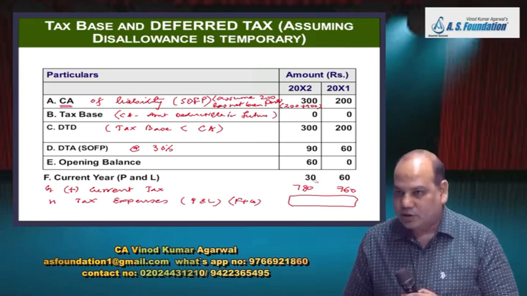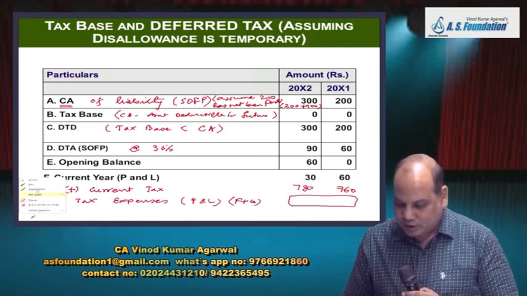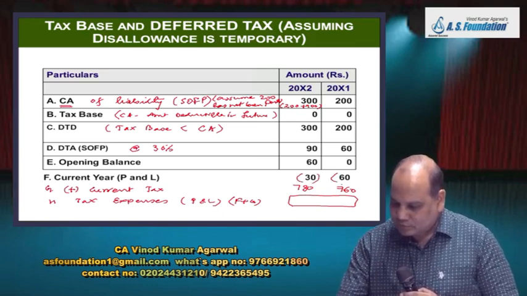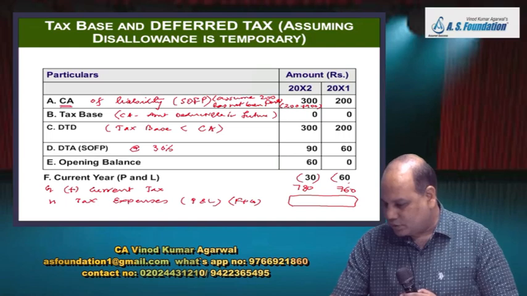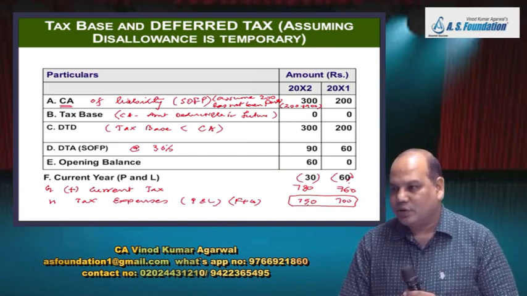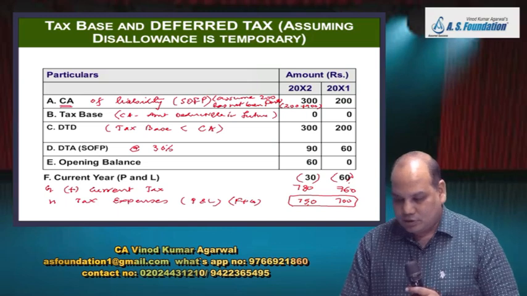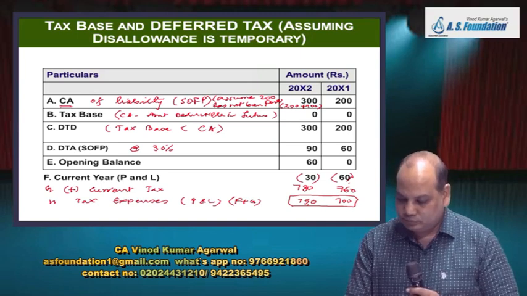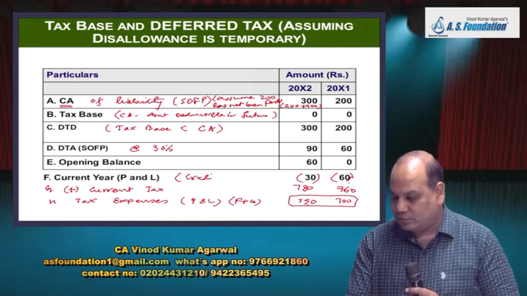This is your deferred tax. This is a deferred tax asset, so it should be negative. That is why I'm wondering how it has happened. So this is 750, and now you see the difference: 150 is 10% of 1500. In the second year, how much is the difference between accounting and total tax expense? 50.